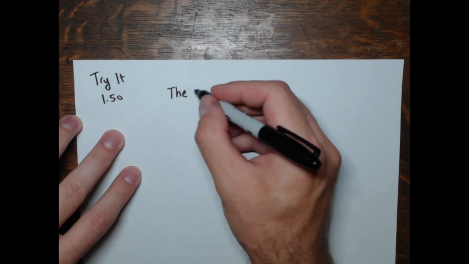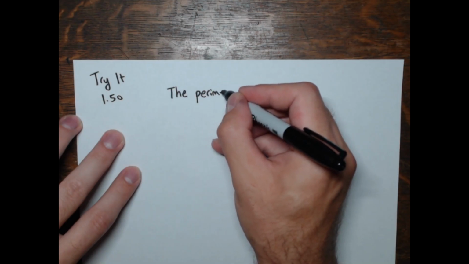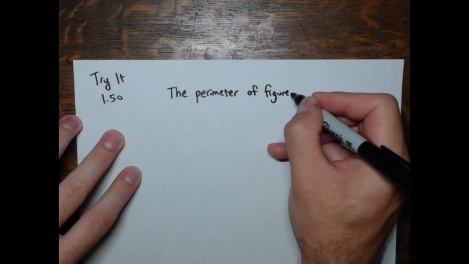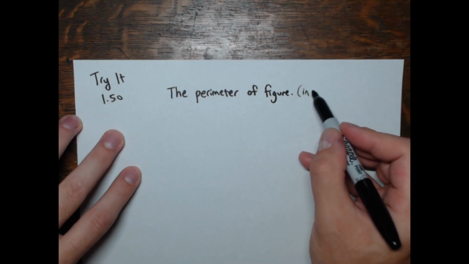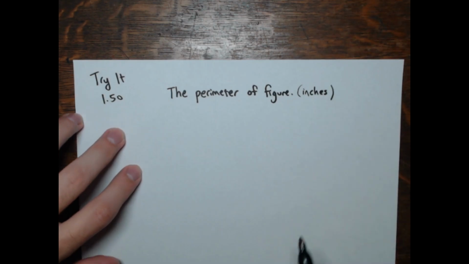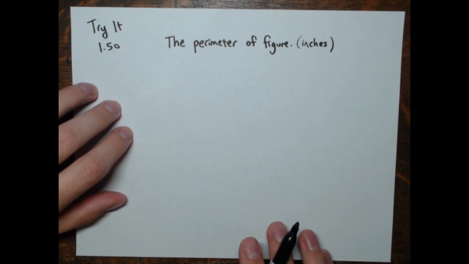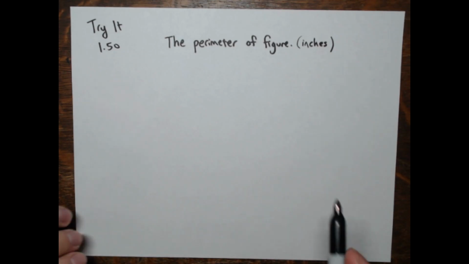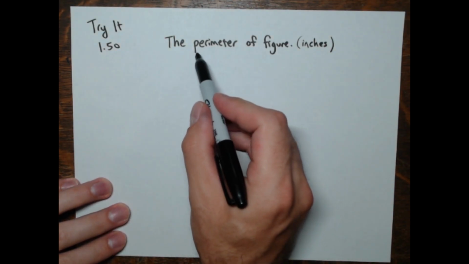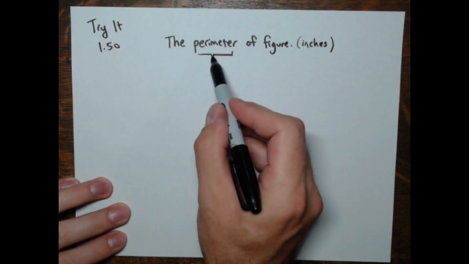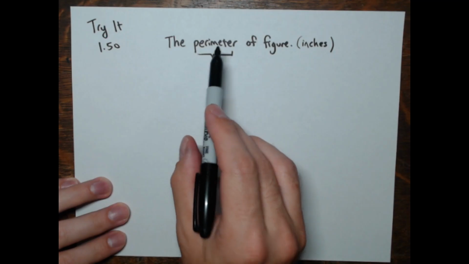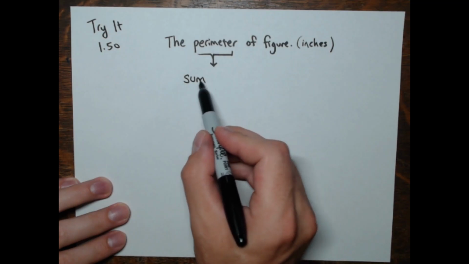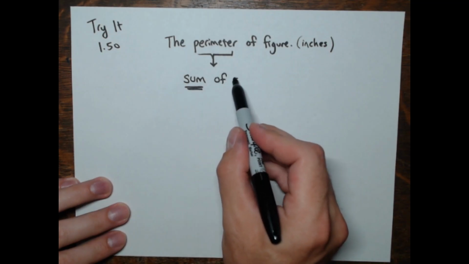Again, we're asked for the perimeter of the figure. And this will be in inches. I'll just put that in parentheses. I know all the lengths are in inches, right? Again, all the things you're adding up must have the same units. So keyword perimeter. Once again, this means the distance around the figure, the sum of all the side lengths.